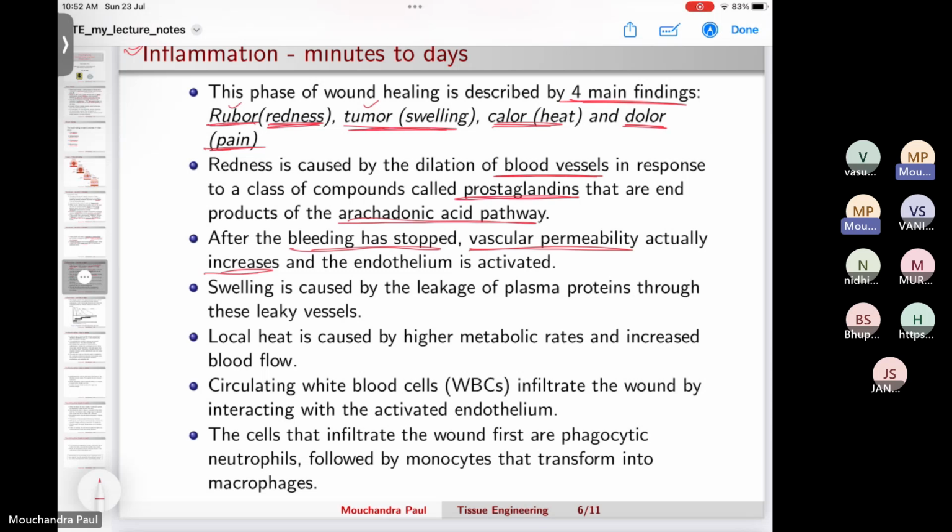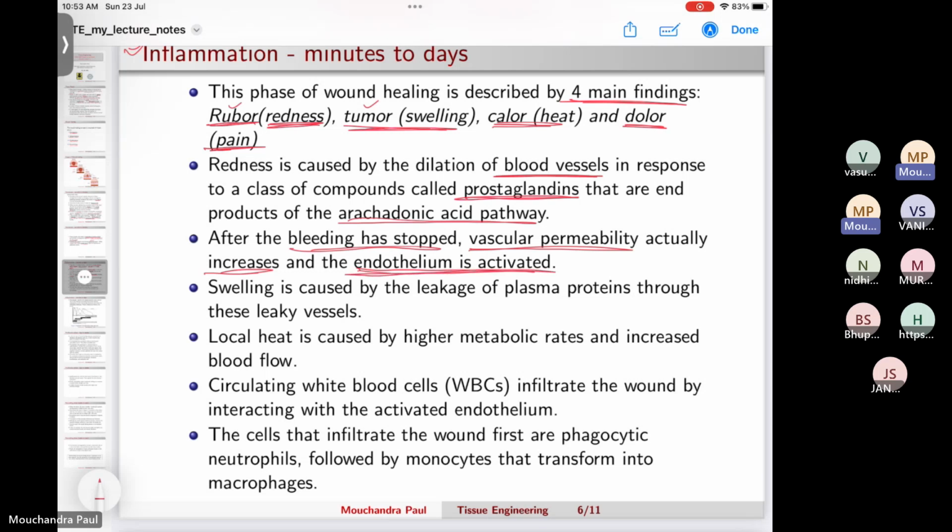Now once the bleeding has stopped, the permeability means the blood components like the plasma proteins and the cells like macrophages, neutrophils, etc., can ooze out, or simply slip out from the blood vessels, and the endothelium is activated.